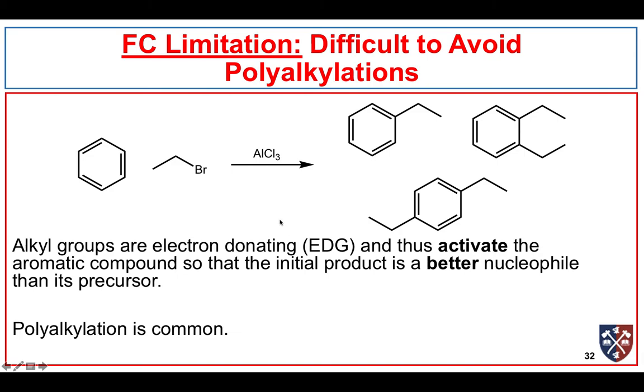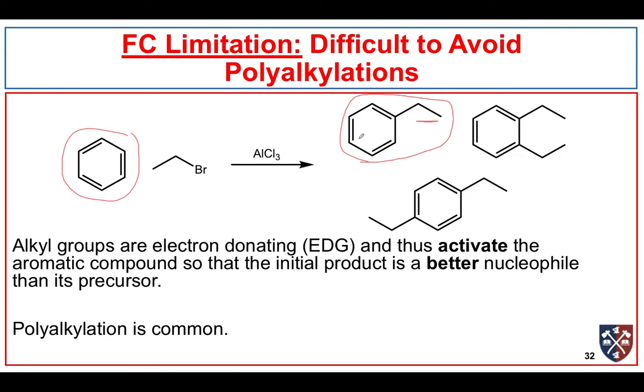Another thing that is difficult to avoid is polyalkylation. Because the initially formed product is now a substituted benzene with an electron donating group. An alkyl group is an electron donating group. This substrate is a better nucleophile than the starting material.